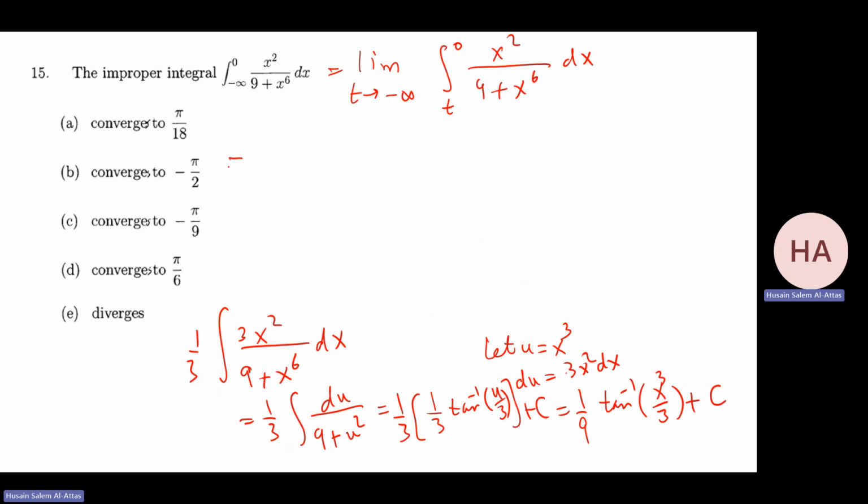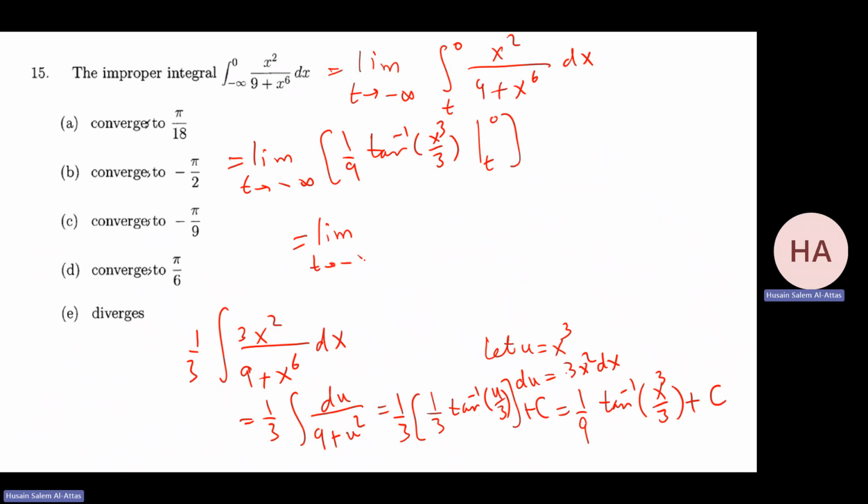So this one will be limit as t goes to minus infinity of 1 over 9 tan inverse of x cubed over 3 from t to 0. That will be limit as t goes to minus infinity of tan inverse of 0, which is 0, minus 1 over 9 tan inverse of t cubed over 3.